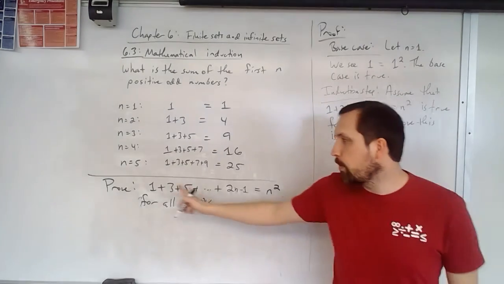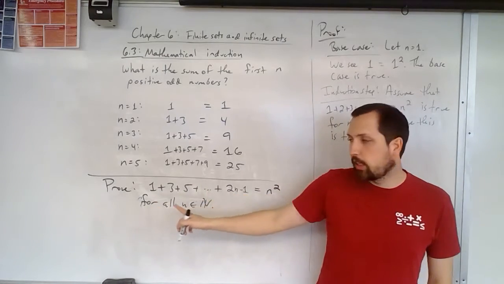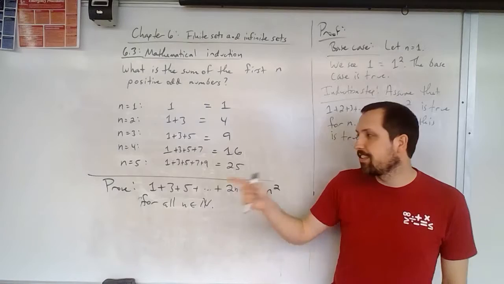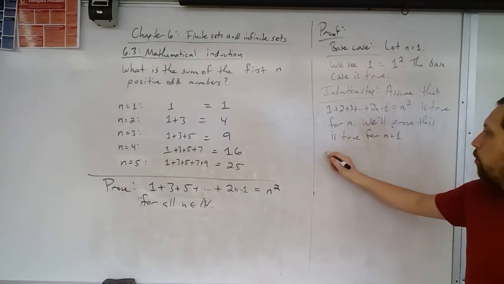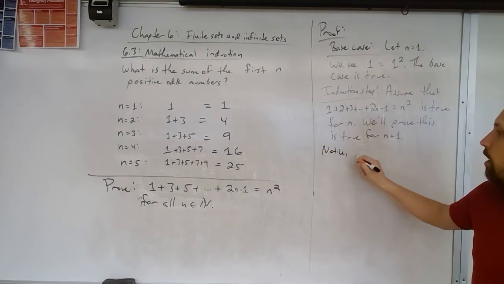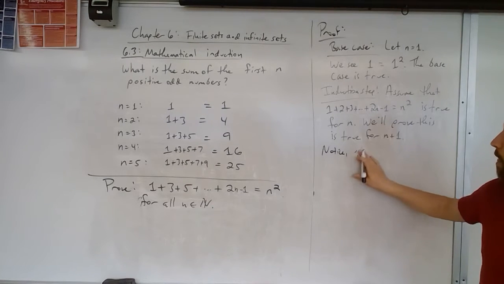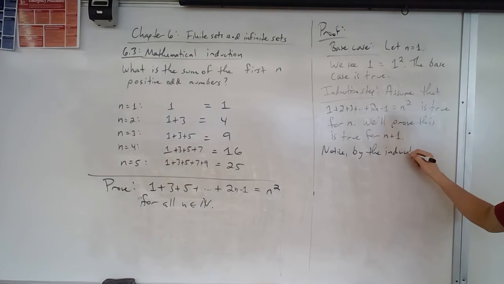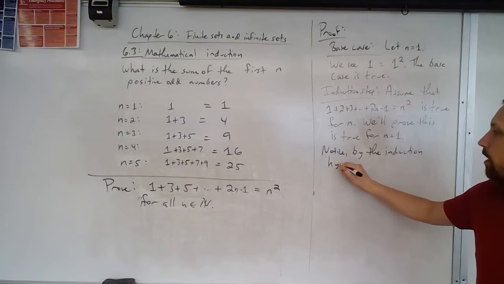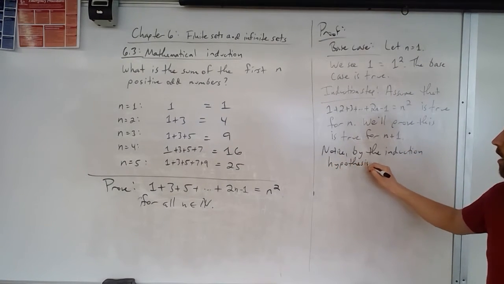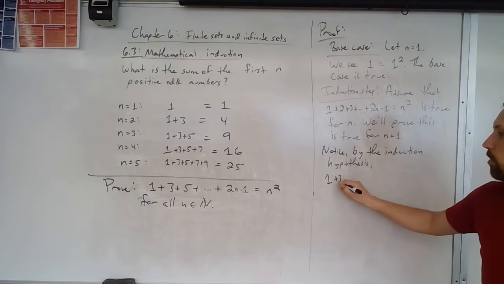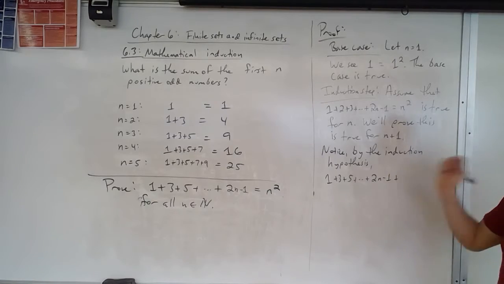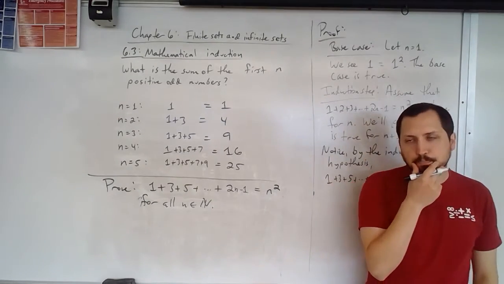So now again, we work with this left-hand side. I almost always suggest working with the one that allows you to use the induction hypothesis easiest. So we're going to start with this. Notice by the induction hypothesis, 1 plus 3 plus 5 plus blah blah blah plus 2n minus 1, and then I'd like to go to the n plus 1, right?